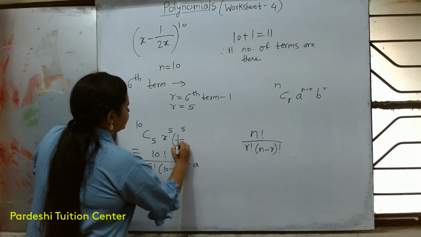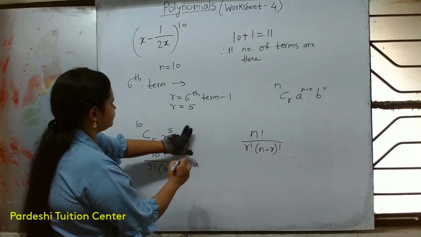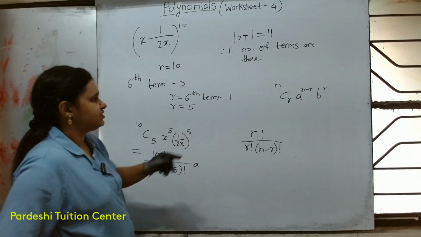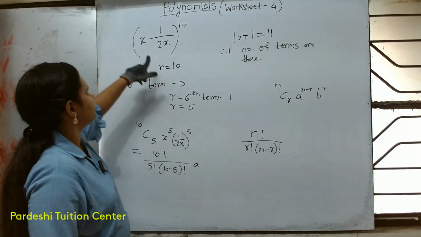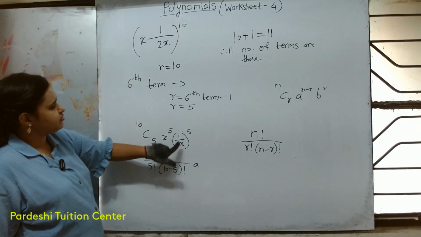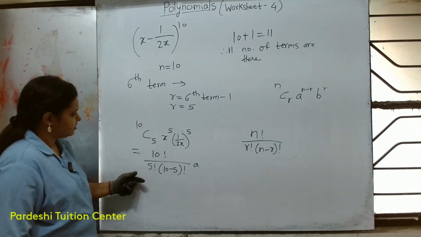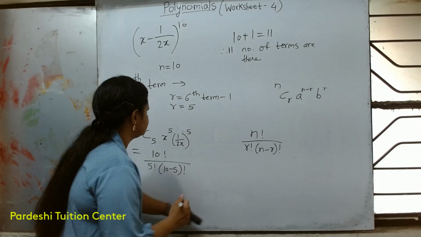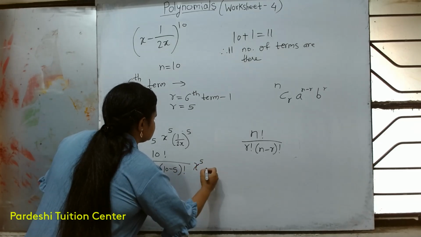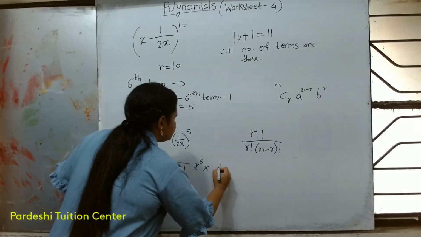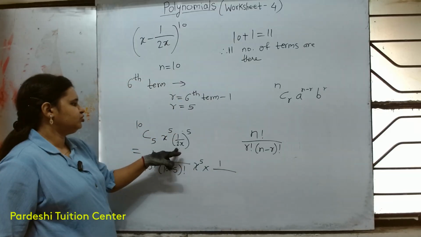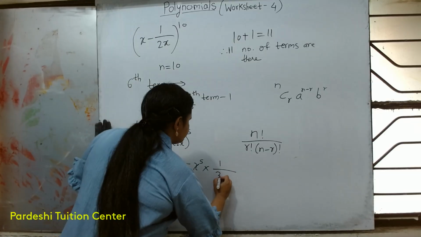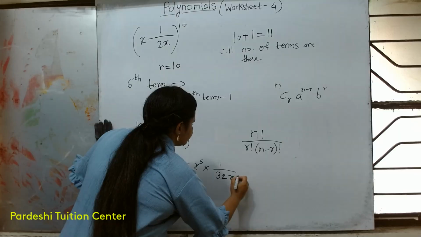So we will take 1 upon 2x to the power of 5. Okay, that was the general formula, but here a is x and b is 1 upon 2x. Now 10C5 x to the power 5, and it will be 1 upon, 1 to the power 5 is 1, and 2 to the power 5 is 32, and x to the power 5.